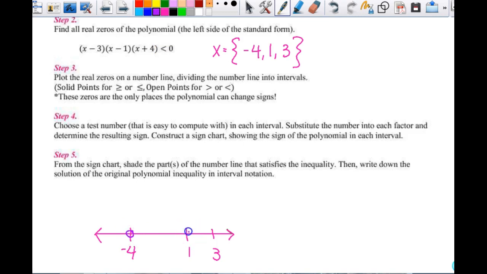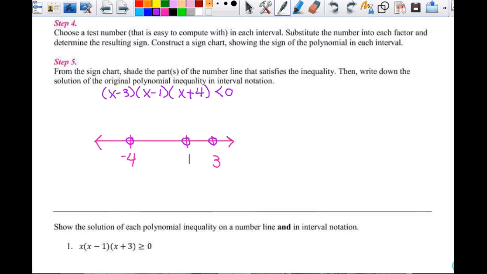If it was less than or equal to 0, then it would be closed circles. And I am going to rewrite this right here, down here, so I can scroll up. You don't necessarily have to rewrite yours because you can see yours, but once I scroll, I can't see it. So x minus 1, x plus 4, less than 0.